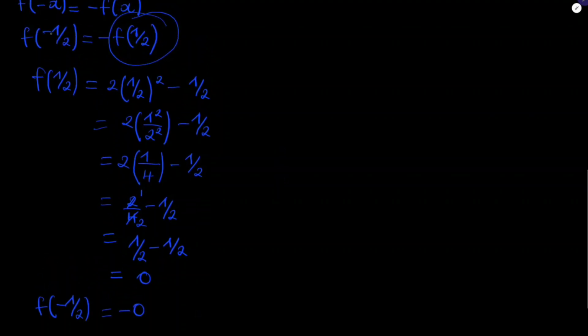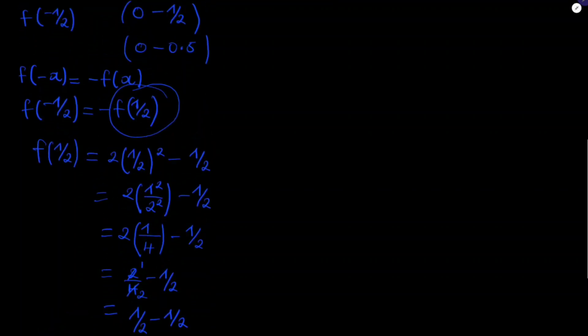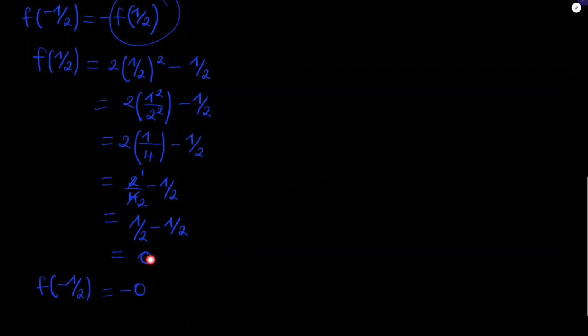Remember, we first of all had f of minus half, and we were told that it is an odd function, and for odd functions, f of minus x is equal to minus f of x. So when we had f of half, it was in the range, so we put it in our function, we solved it, and we had 0.